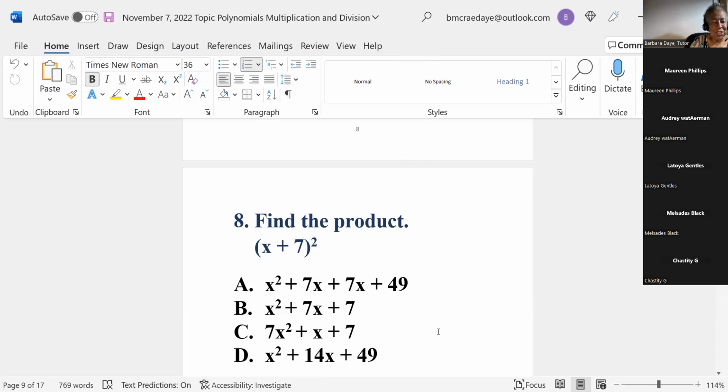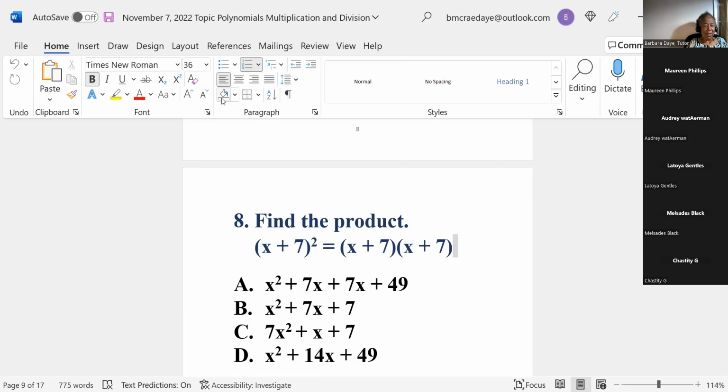Think FOIL. x plus 7 to the second is the same thing as x plus 7 times x plus 7.